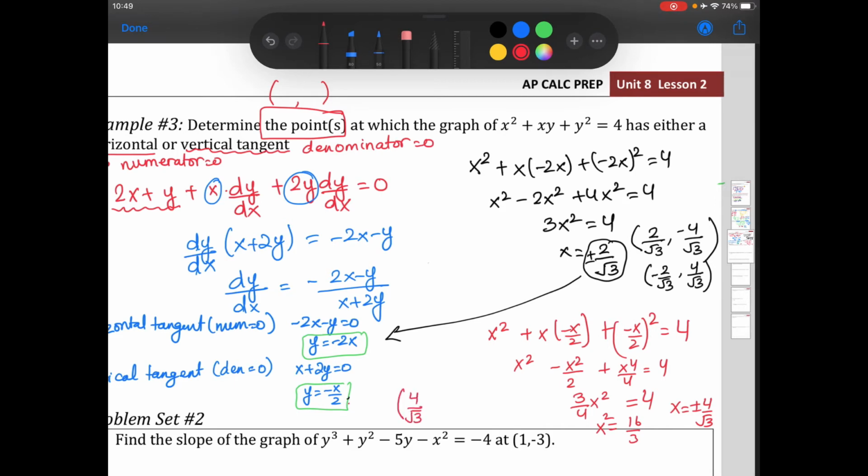If I substitute 4 over rad 3 into the equation for x, I will get negative 2 over rad 3, right? And if I substitute negative 4 over rad 3, I will get 2 over rad 3. So these will be my 4 points.